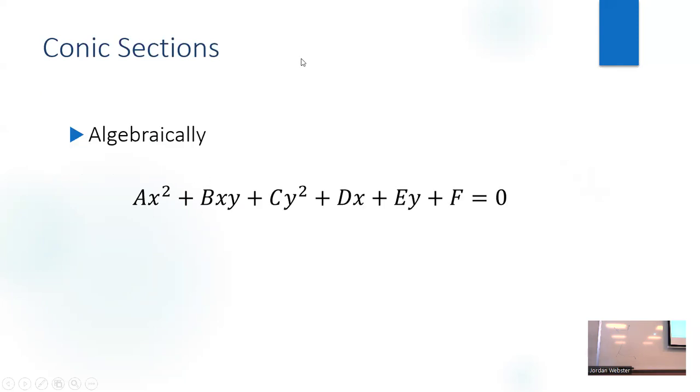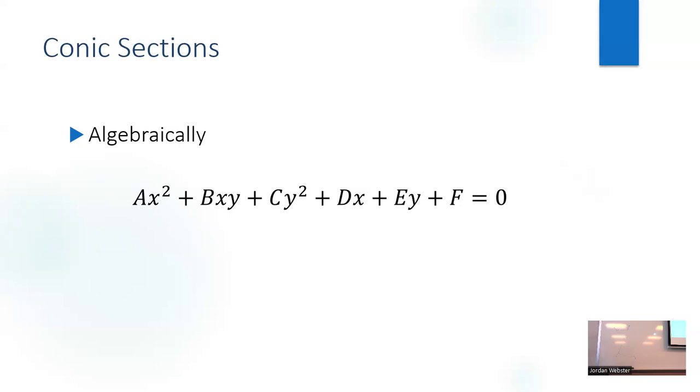Now, it turns out that if we have a plane cutting a cone, the image of where the plane and the cone meet becomes our conic section. And it turns out that if you look at a two-dimensional rendering of that image on a Cartesian coordinate plane, then we can write every conic section algebraically as this, essentially a quadratic polynomial in two variables, x and y.